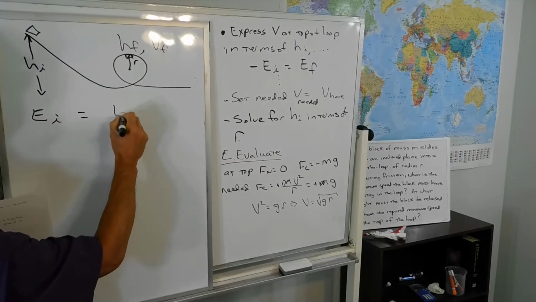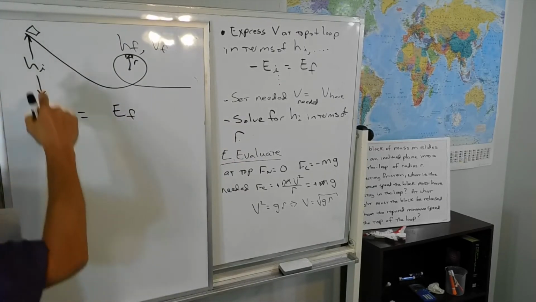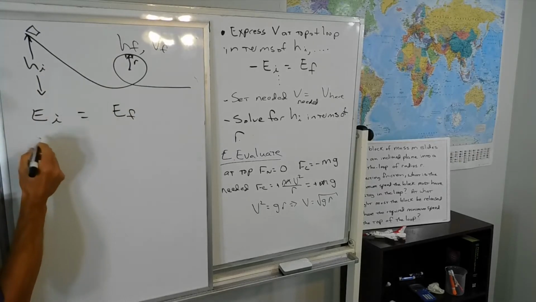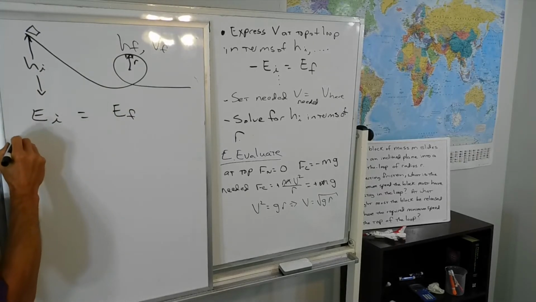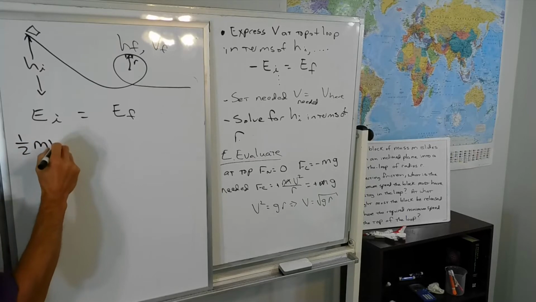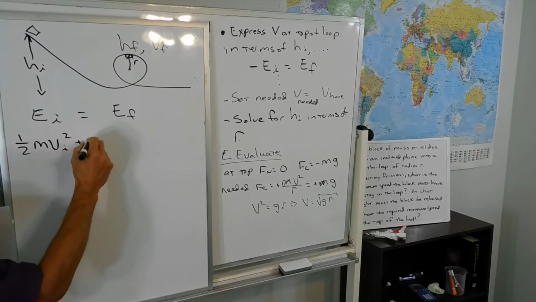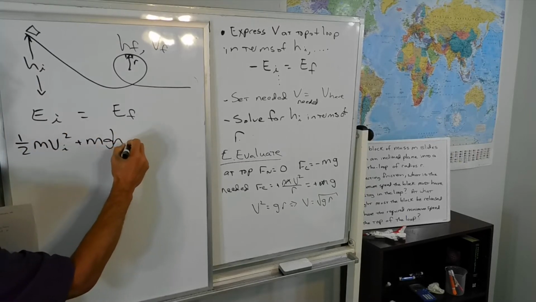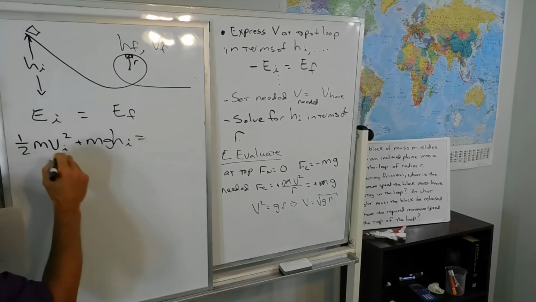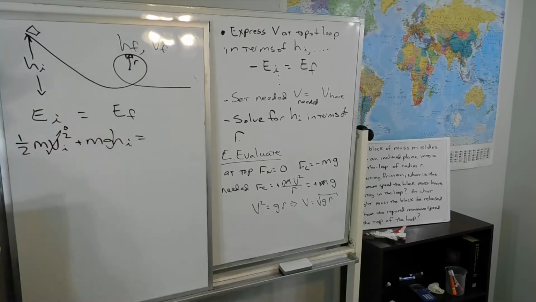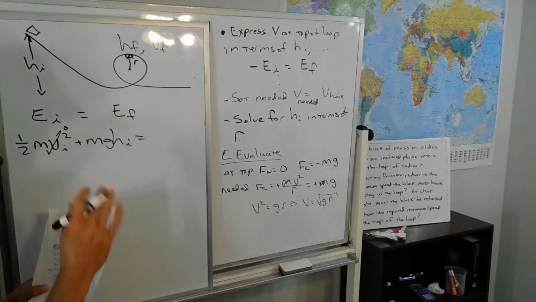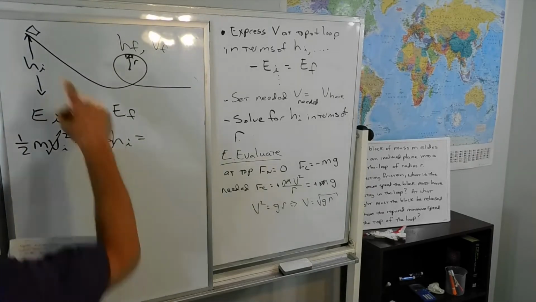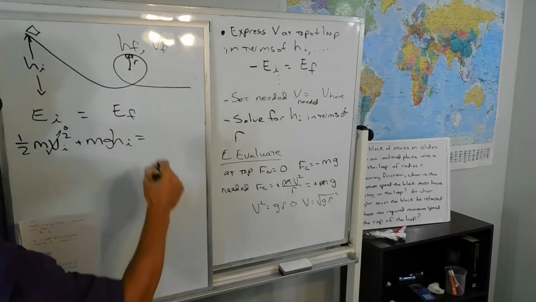So E initial equals E final. Now in the initial state, you usually expand these mechanical energies as 1/2 mv initial squared plus mg h initial. But v initial is 0 because the block starts from rest, and you just let it start sliding down the frictionless track here into the loop-to-loop.